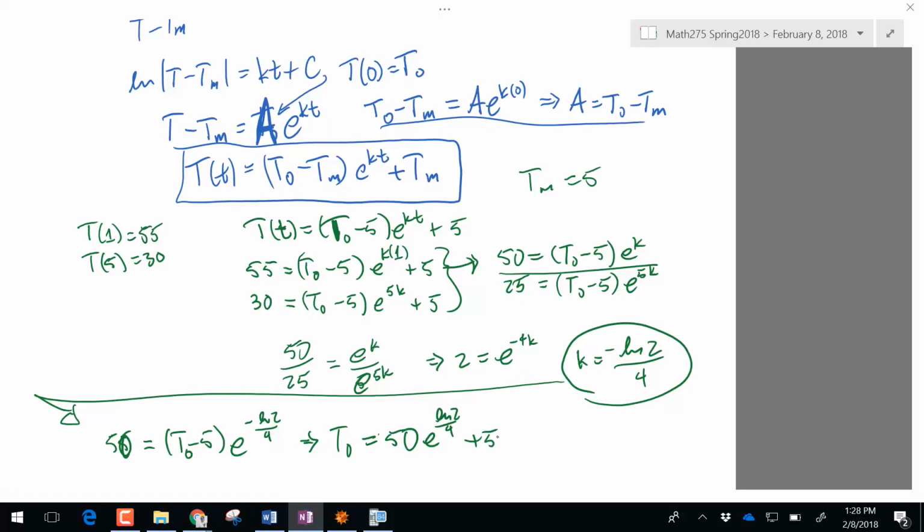That seems reasonable. You're inside, it's 64 degrees, and then you bring it outside, it's 5 degrees, and your temperature starts dropping. So that makes sense. What is it? Okay.